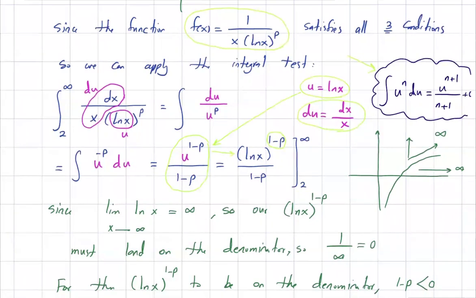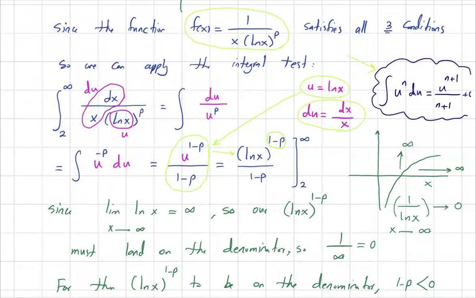We are stopping at this time and looking at the behavior of our ln function. Ln function behaves in such a way that when x goes to infinity, your function goes to infinity as well. But if it is on the denominator, the limit as x goes to infinity becomes 1 over infinity, or 0.